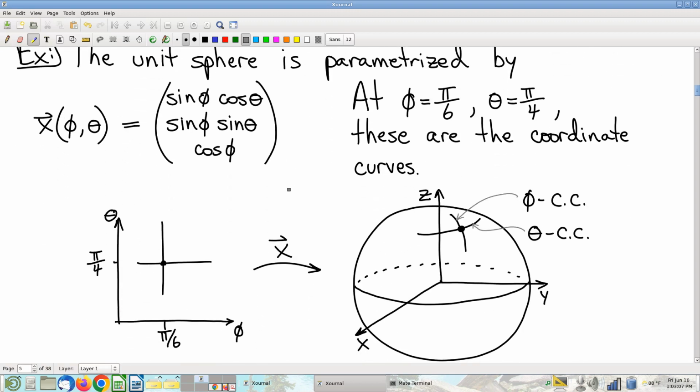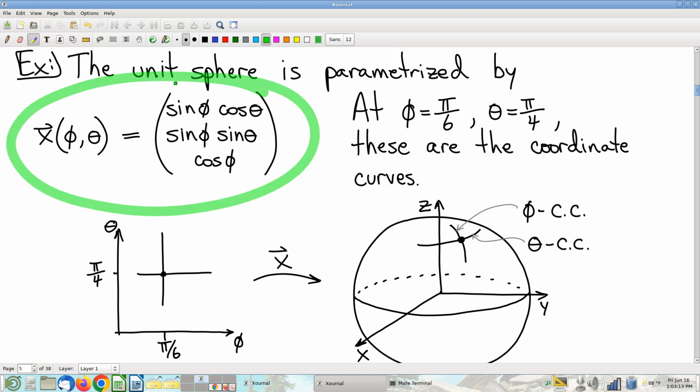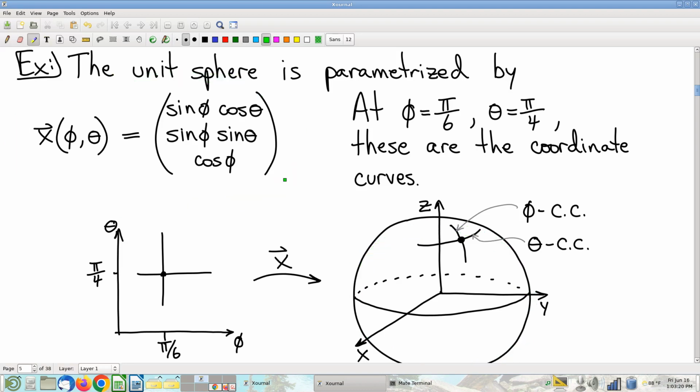So I'm going to go to the sphere for this example, and recall we just got through talking about this parameterization of the unit sphere. That's our unit sphere. We're going to look at this specific point, in dark blue, right there.